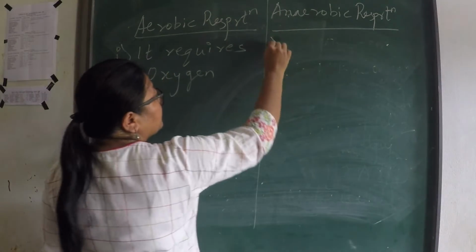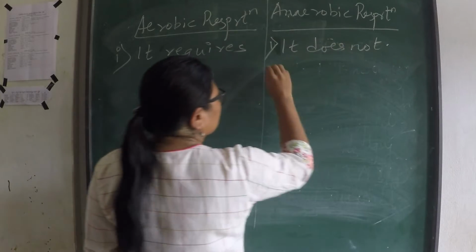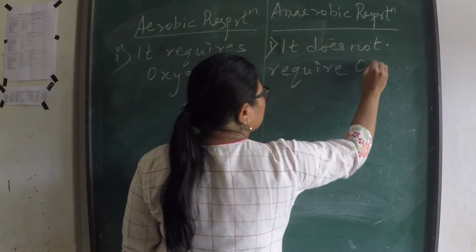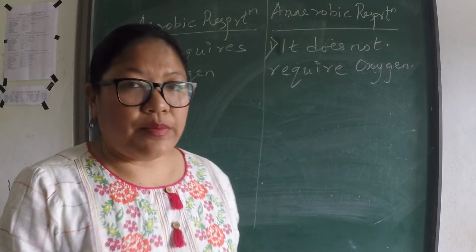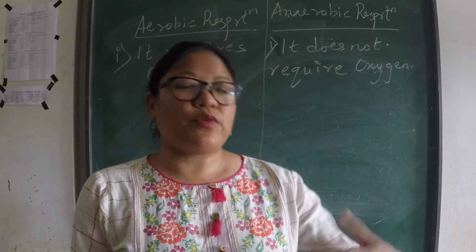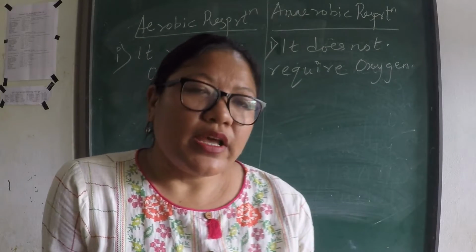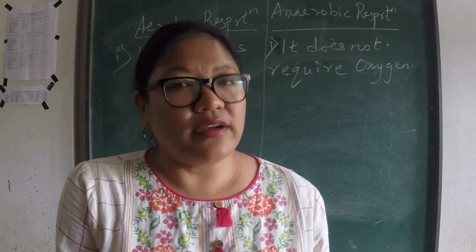And in anaerobic respiration, it does not require oxygen. I know you are able to tell me this difference even while watching this. So the first difference is aerobic respiration requires oxygen and anaerobic respiration does not require oxygen.